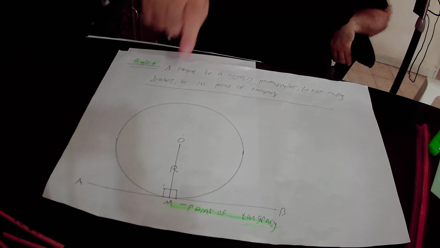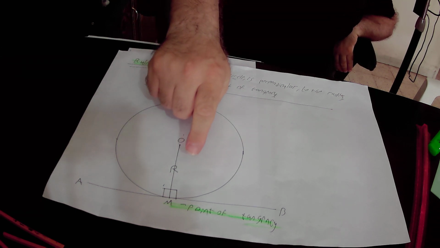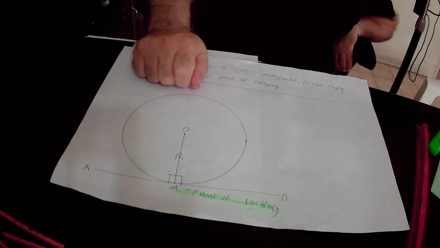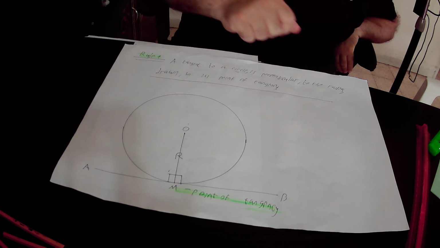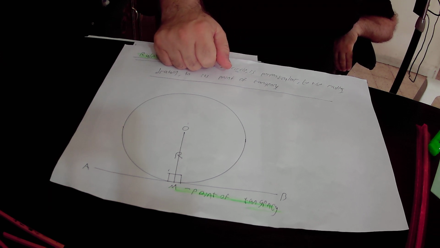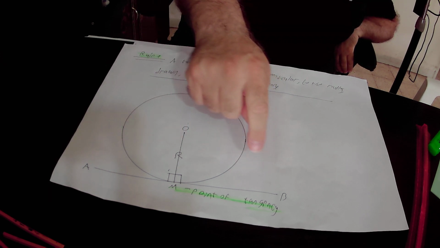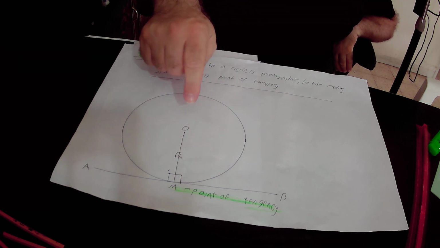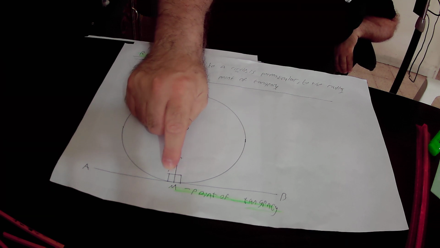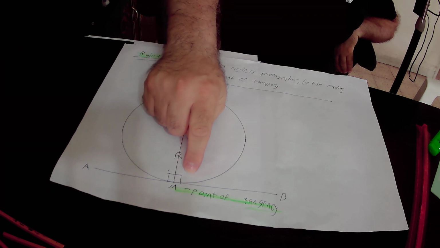Here we have tangent AB, tangent to this circle at point M, and the radius OM is drawn to the point of tangency. So AB is perpendicular to MO, which means this angle equals 90 degrees and this angle also equals 90 degrees.